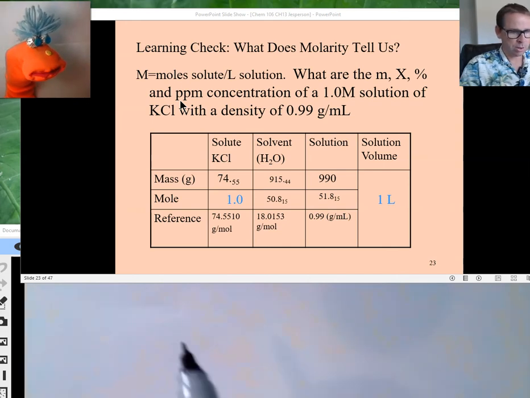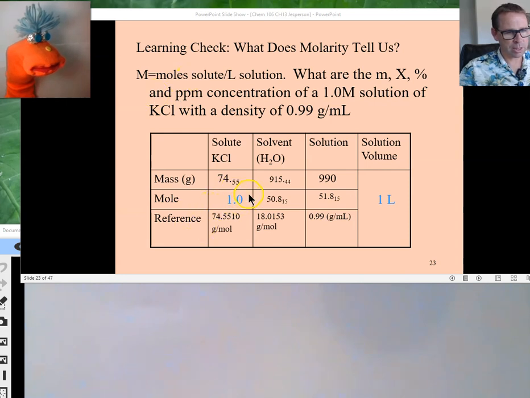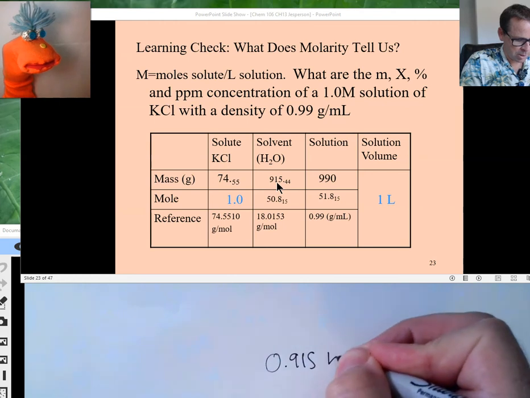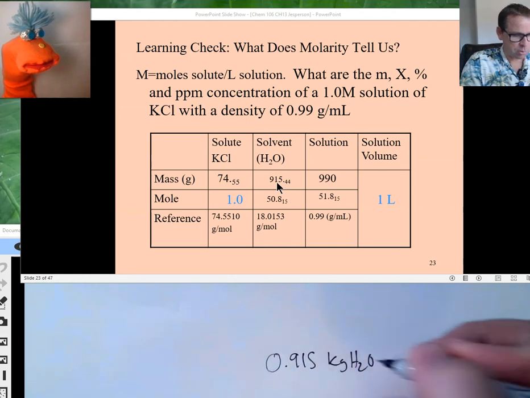Yeah, so we want to use the information on this chart to relate moles of solute to kilograms. Here's the kilograms right here of not solute, but solvent. All right, so this is grams of solvent, so I divide that by 1,000, 0.915. That's how many kilograms of solvent, which is the water.